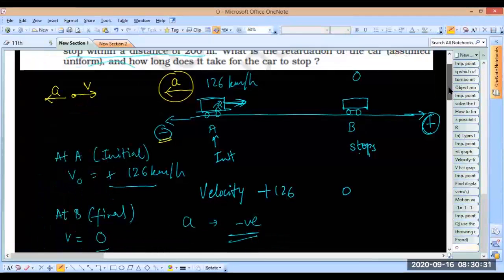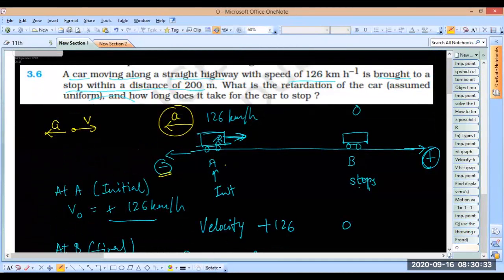Okay. So here it says that it stops in a distance of 200 meter. So what is the retardation of the car? Okay. Forget about what is retardation for a moment. Let's find out what is the acceleration of the car. Remember, acceleration and retardation are closely related to each other.